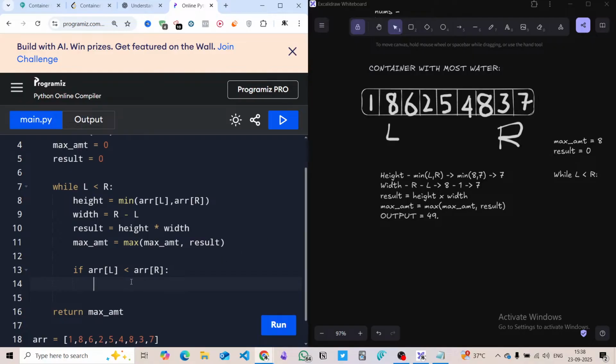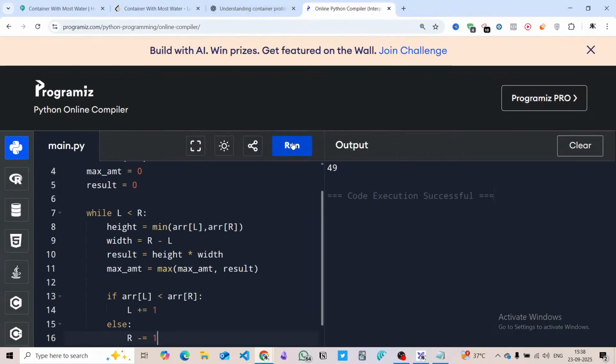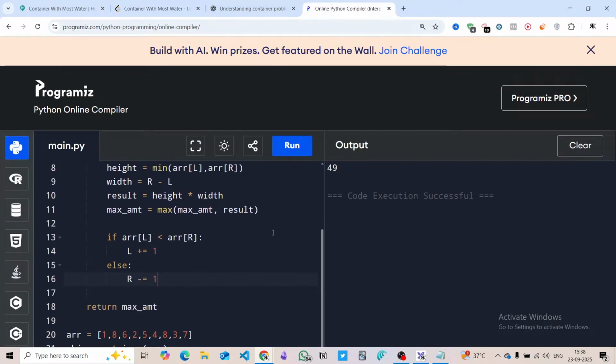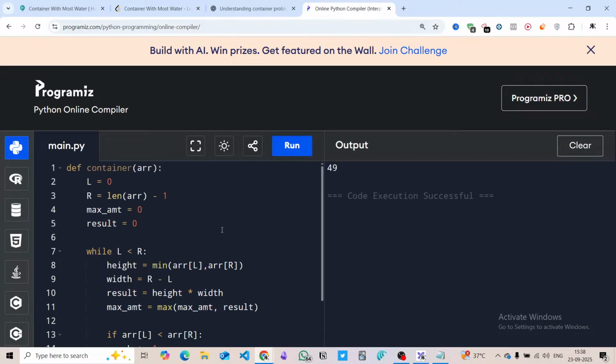Then we need to move L plus equal to 1. Else we need to move the R. I guess it will work. Yeah, I guess this will be the answer.